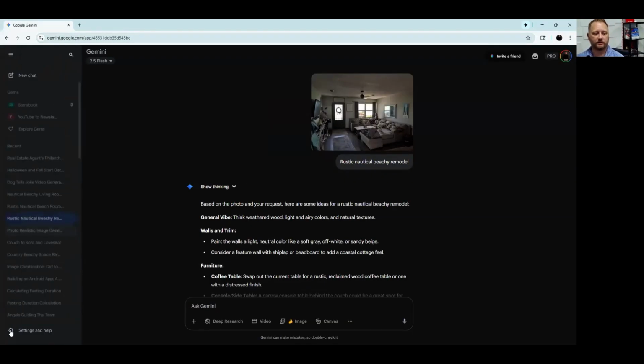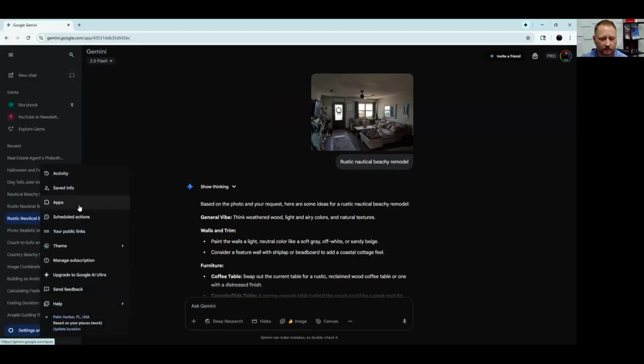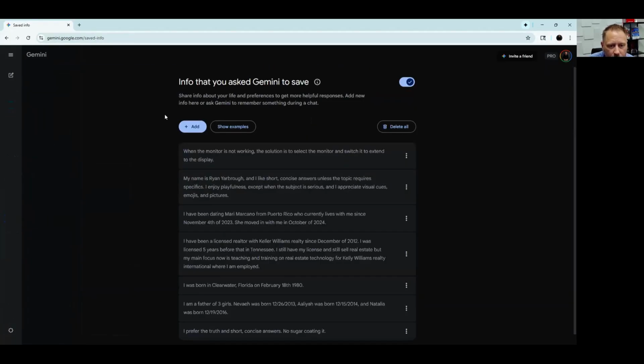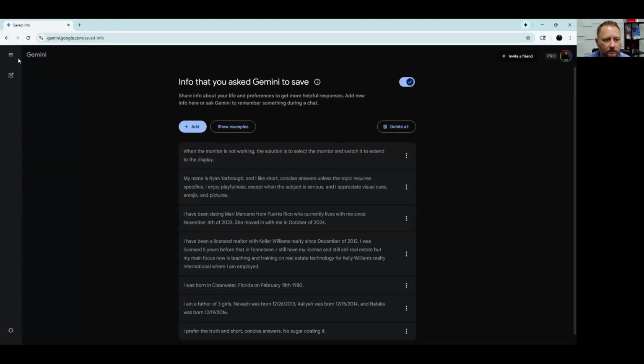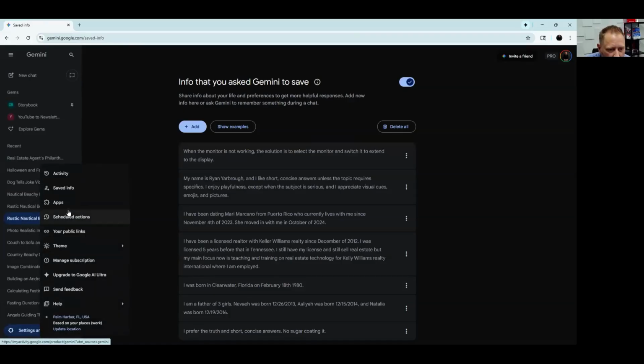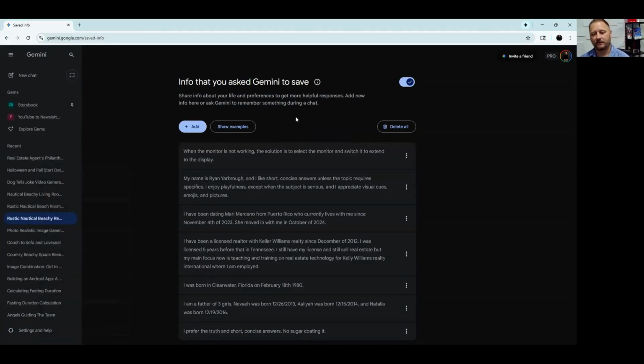Okay. So in here, if you go down to the bottom left-hand corner, you can see the settings and help. And then you can go to, is it your saved info? And in here, you can put details in. Yes, saved info. You will just go ahead and hit add, and you can add it. It's a little bit different in ChatGPT and Gemini, because in Gemini, you can just keep on adding stuff in there.